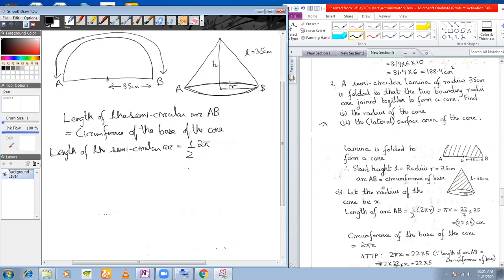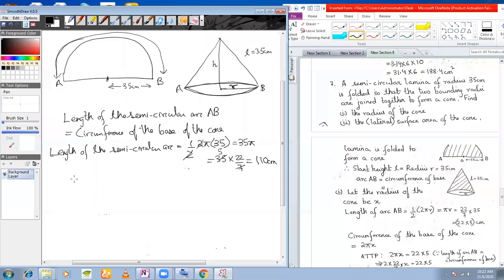Let's not write r, because r I have written here. This r is different from this r. So r here is 35. So this becomes 35 pi. You can put the value of pi also, 22 by 7. So this becomes 110 centimeters. This is the length of the semicircular arc.